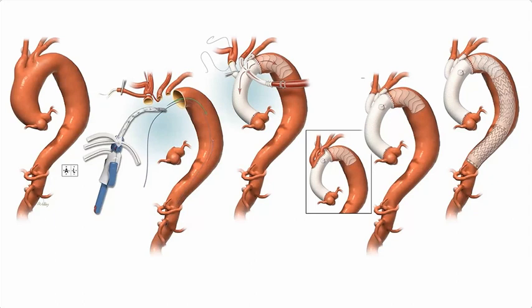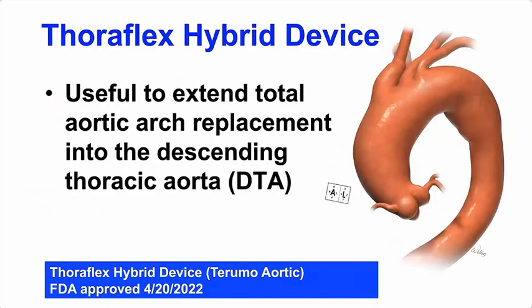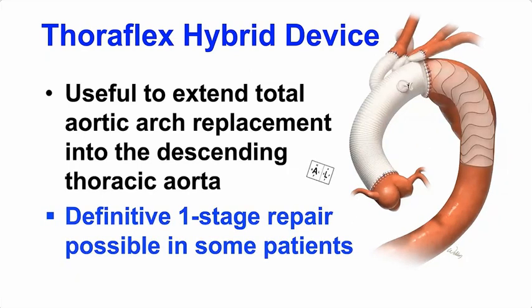There's a collar for a distal anastomosis, and then the vessels are reattached either with a Plexus device with the multiple branches or as an island with the Anteflo. So it's very useful to extend the total aortic arch into the descending thoracic aorta, and it was approved in April of 2022 for the United States.